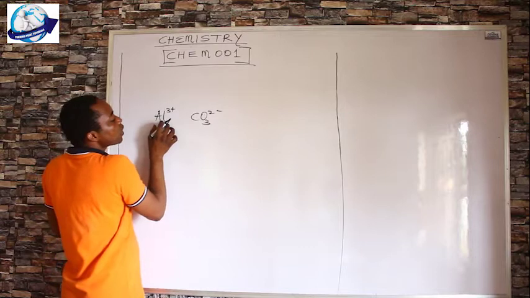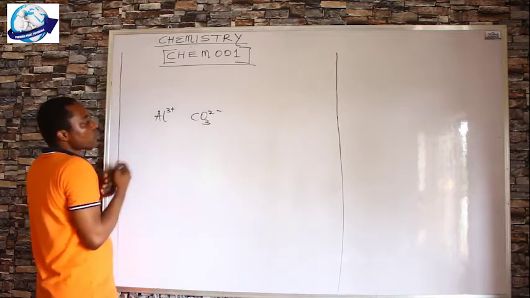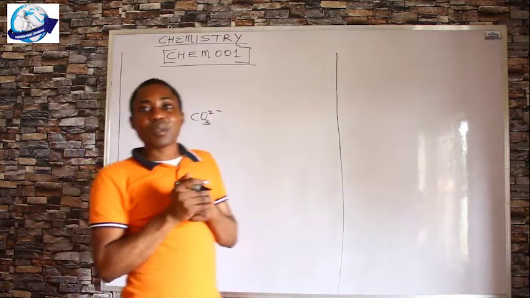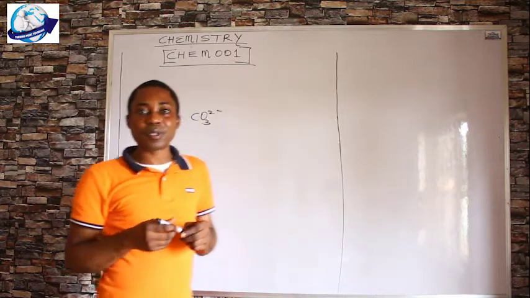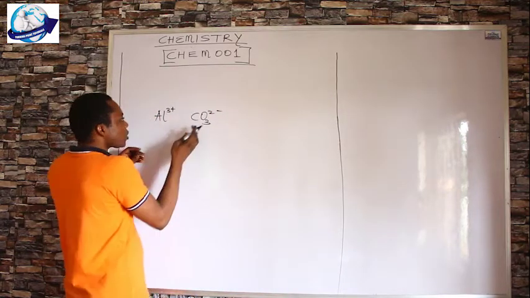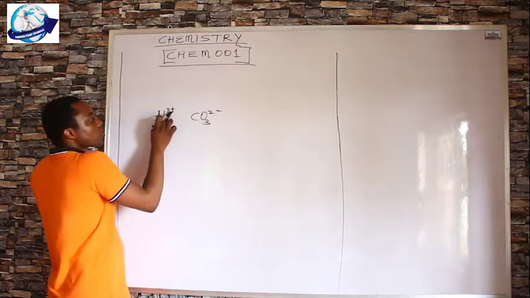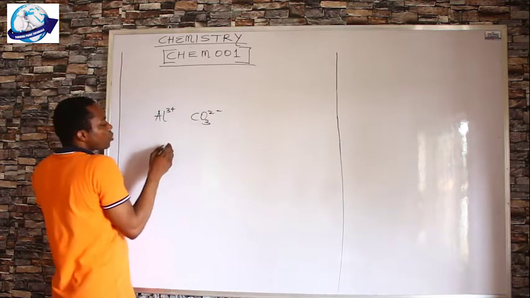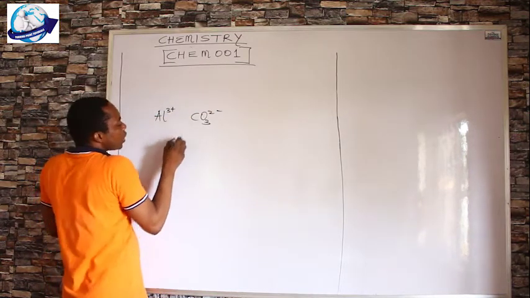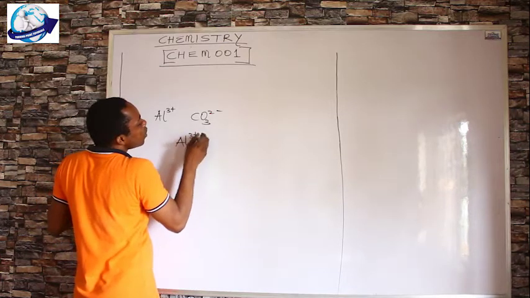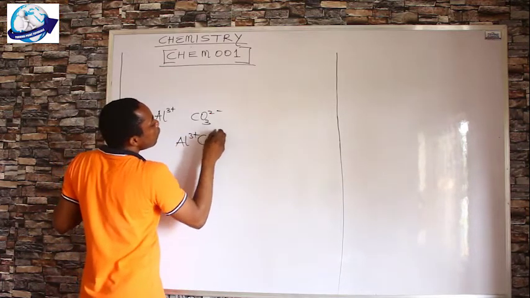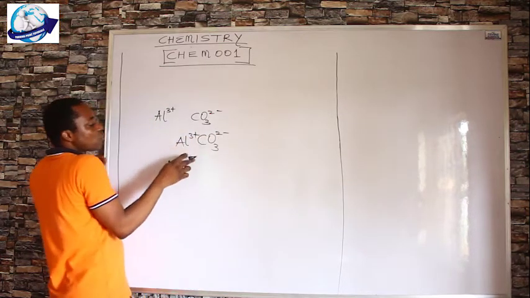This is the cation, and this is the anion. You want to write the chemical formula of aluminium trioxocarbonate 4, then you can just say this is 3+ and this is 2-. You bring it together side by side, or you can say aluminium 3+ trioxocarbonate 4 ion.